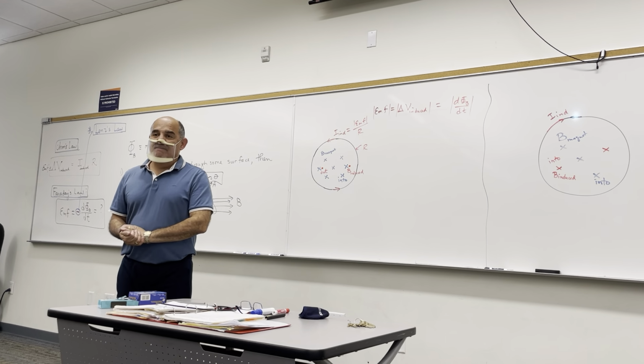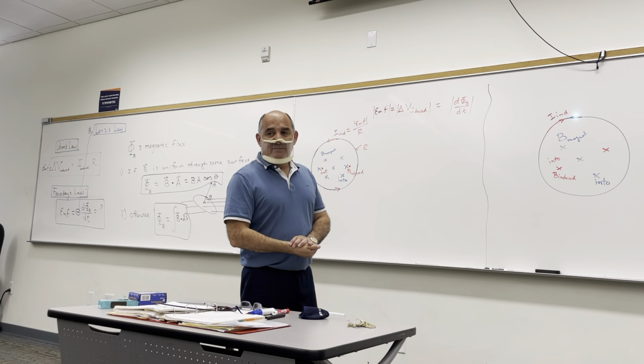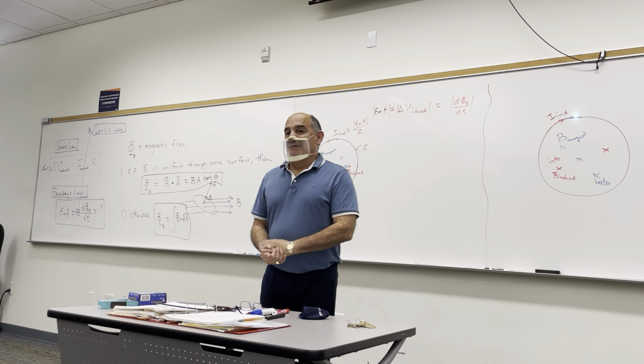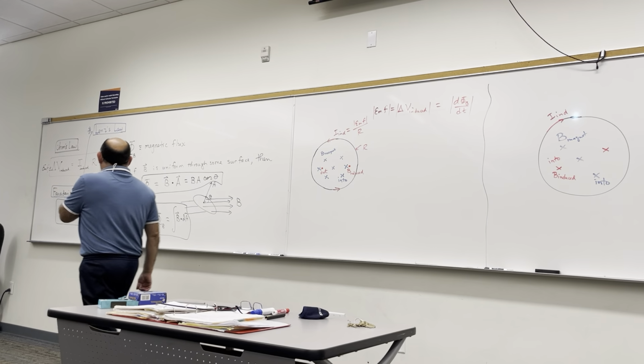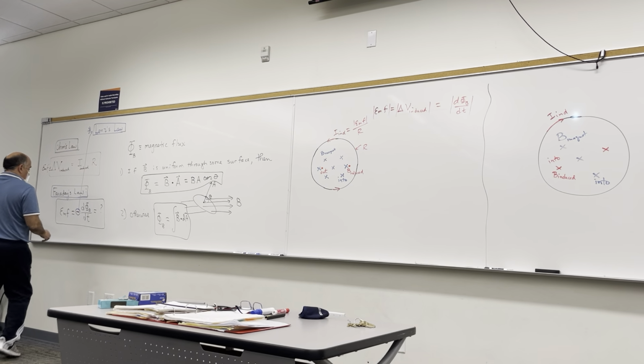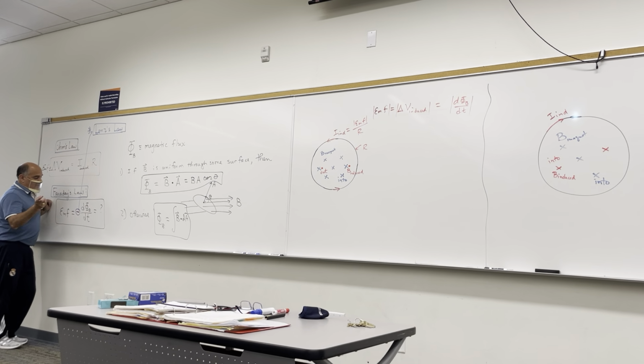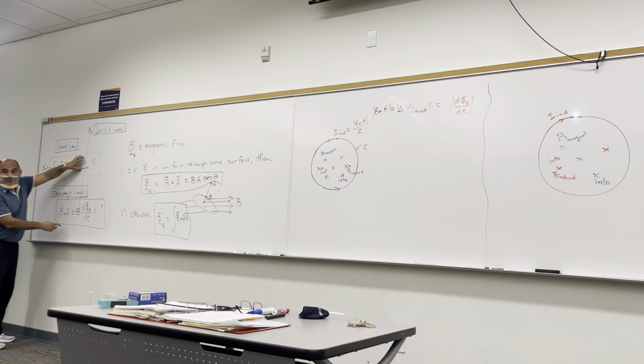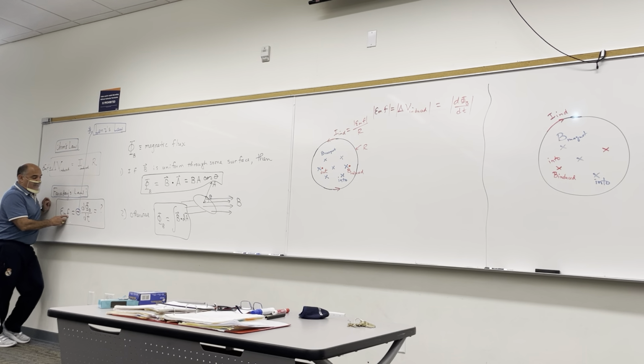Yes? Does the speed that the magnet moves change anything, as well as the radius? So for example, you'll see, the voltage induced, which is going to lead to a bigger current, depends on how quickly the flux is changing.